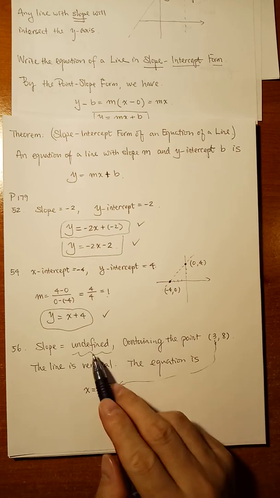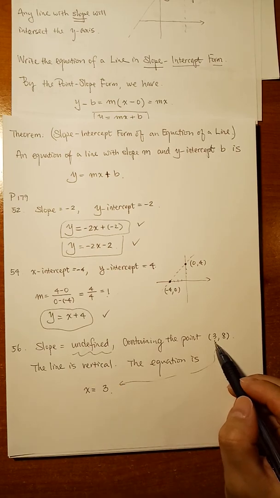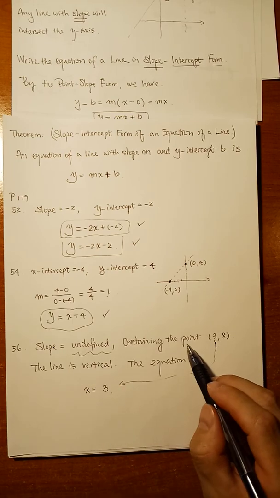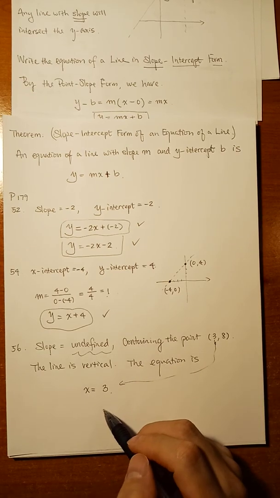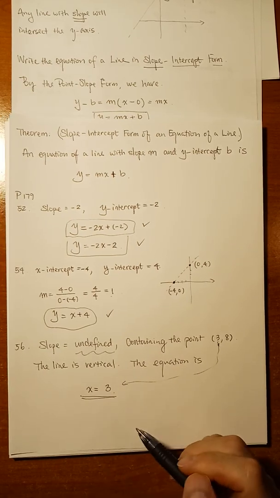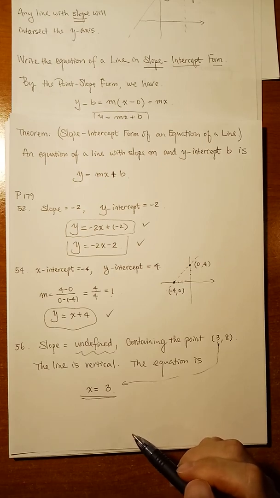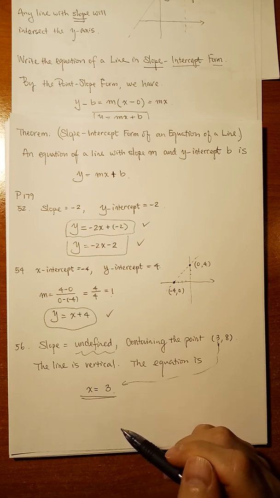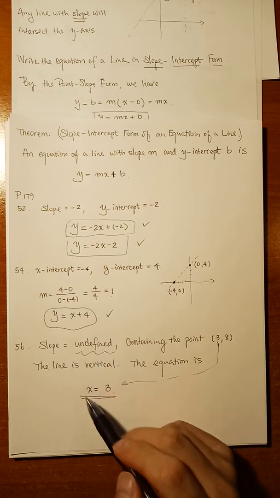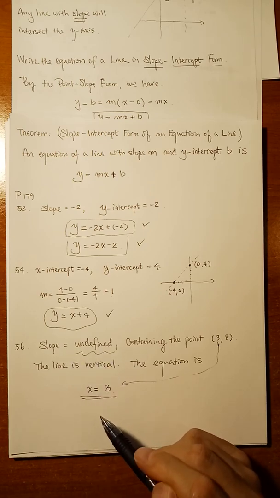Once you have a vertical line, you just check the x coordinate of the point on the line. Here 3, so x equals 3. That's it. So, undefined slope means a vertical line.